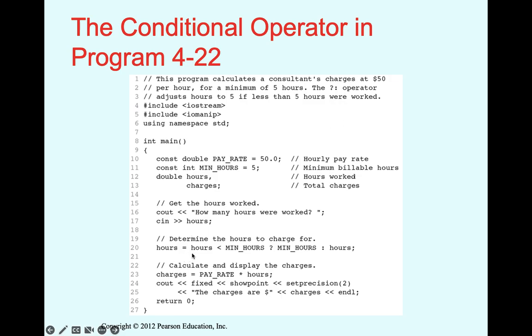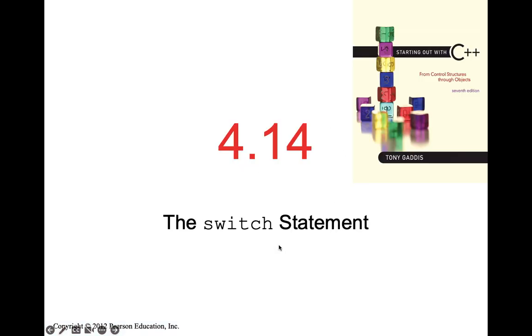So if he works less than 5, we give him 5, this is the rule. If he works more than 5, we give him the number he worked. So whatever he works, he should get at least 5. That's why we make this condition. If hours less than minimum hours, hours will be equal to minimum hours. Otherwise, hours will be equal to hours. Okay? So this is just another way to write if else.